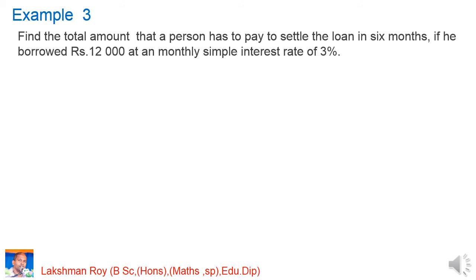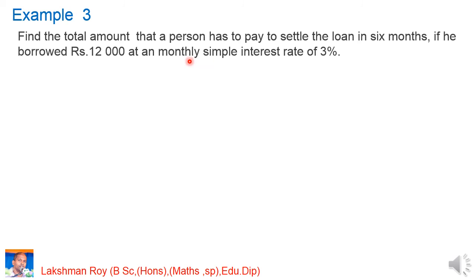Now I'll go into another example, students. My third example is to find the total amount. Find the total amount that a person has to pay to settle the loan in 6 months, if he borrowed 12,000 rupees at a monthly simple interest rate of 3%.